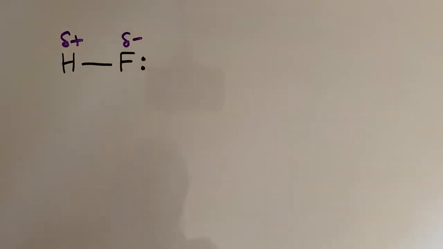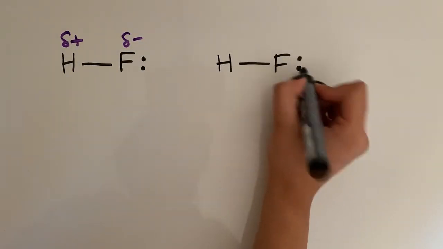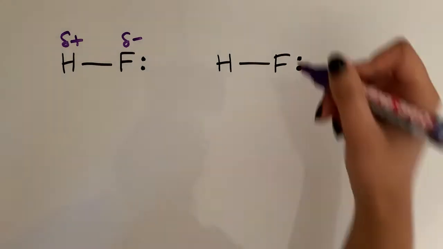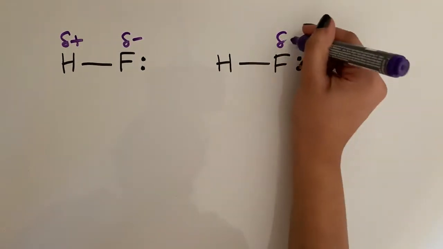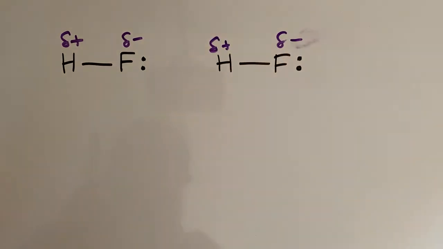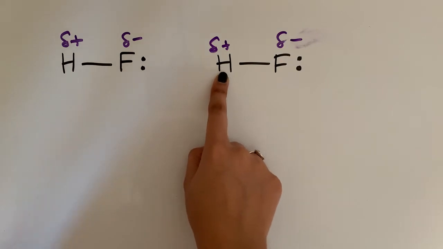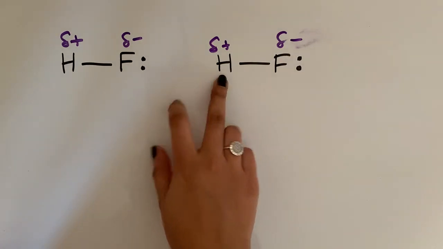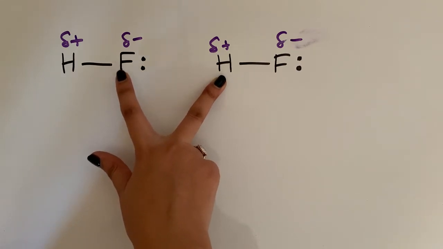Okay, and if I get another HF molecule, so again lone pair on this one, delta negative on this one and delta positive here. Okay, so a hydrogen bond is between the electron deficient hydrogen on one molecule and the lone pair on a fluorine, oxygen or nitrogen on another molecule.